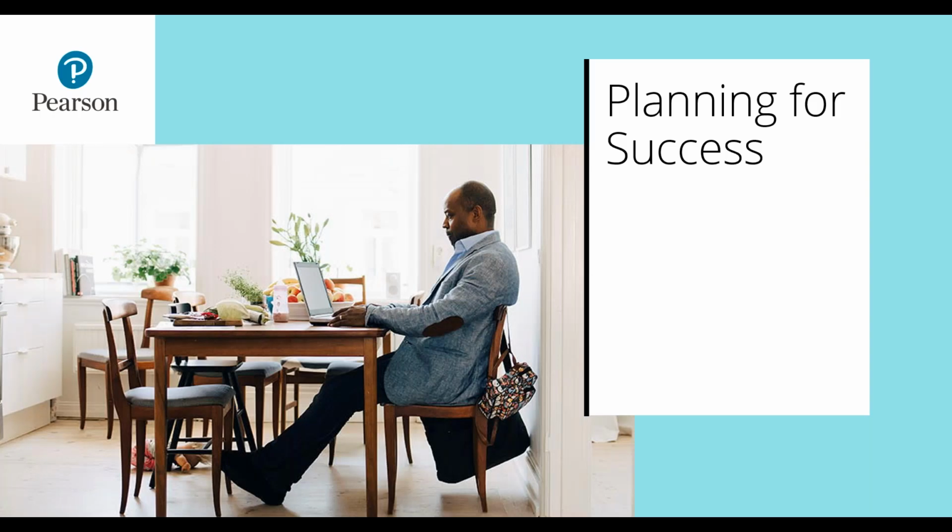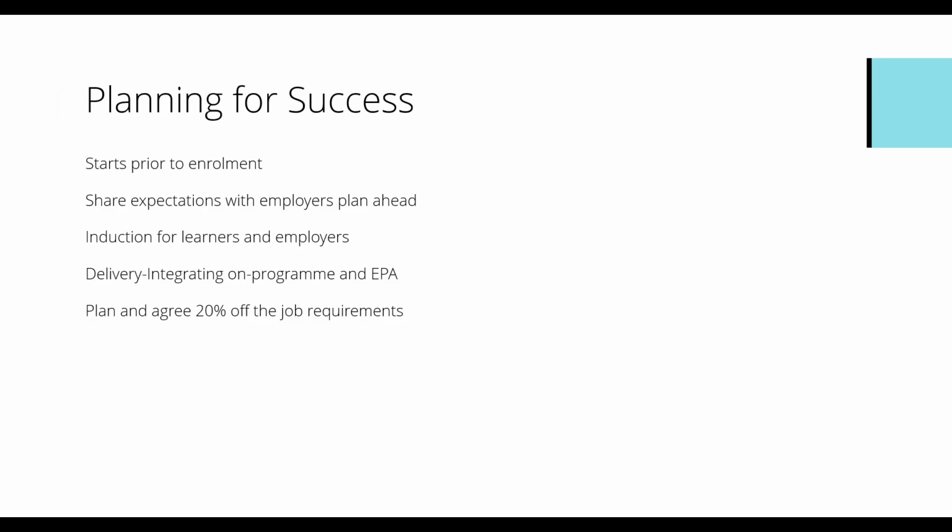So when we're talking about planning for success, we've got some ideas that will help you. And when we're talking about success, we're talking about success in the broader apprenticeship learning journey context. Now, this all starts prior to enrolment.